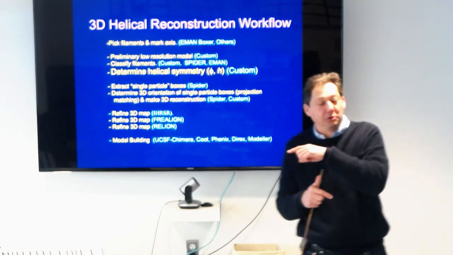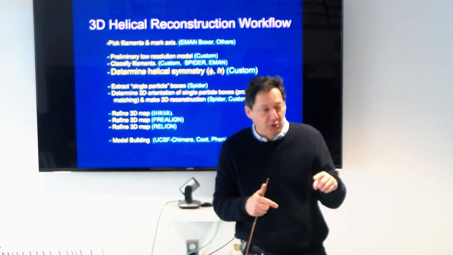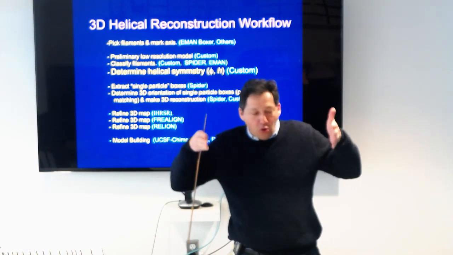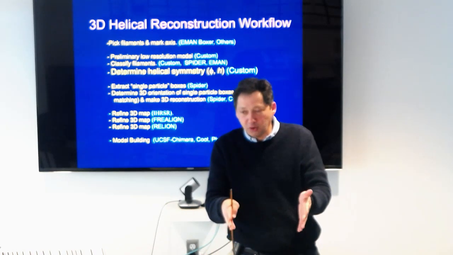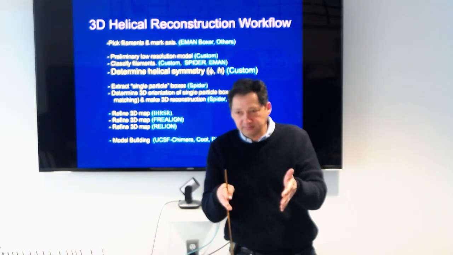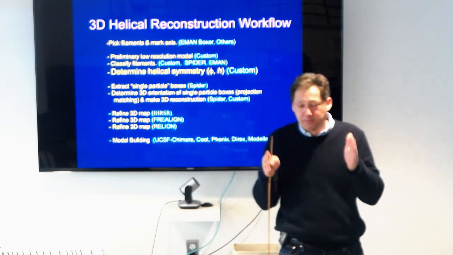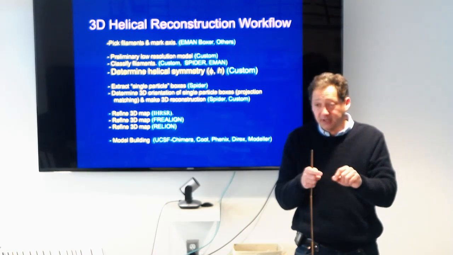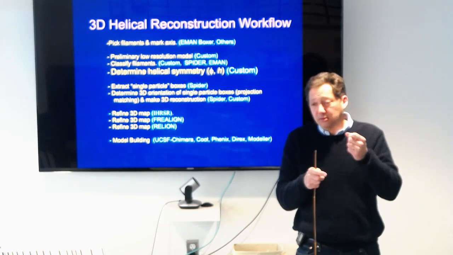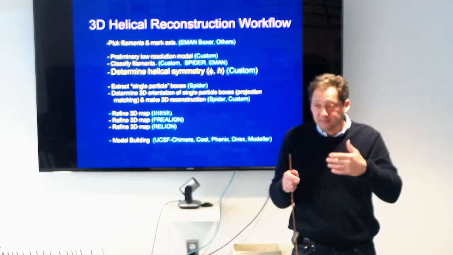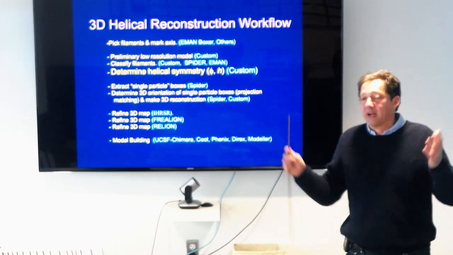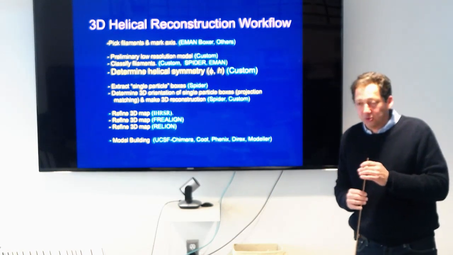I'll tell you why we are using, for example, some programs and not others. Relion is great, but you have to put the whole particle in your GPU. So if you have a huge particle, that's a problem. You have to do a lot of binning to put it there. So that's why we are using Frealign. I mean, we tested the two and we got similar resolution during the refinement.